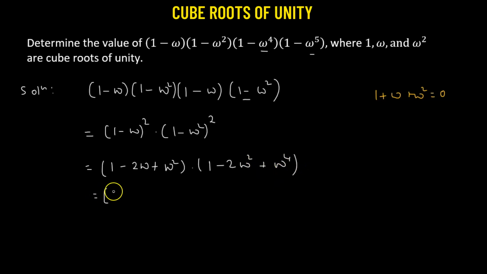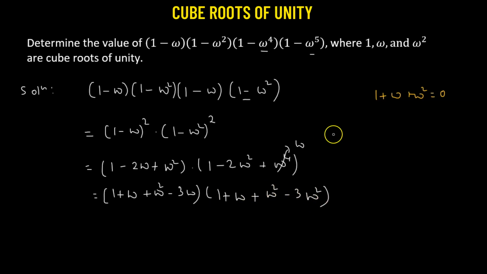Now we can rewrite our expression: here we have minus 2 omega, but we'll write it as plus omega, minus 3 omega. Then omega raised to the power of 4 is simply omega, so we can rewrite the first factor as 1 plus omega plus omega squared minus 3 omega. Similarly, negative 2 omega squared, we'll write as plus omega squared minus 3 omega squared, which means the same thing.